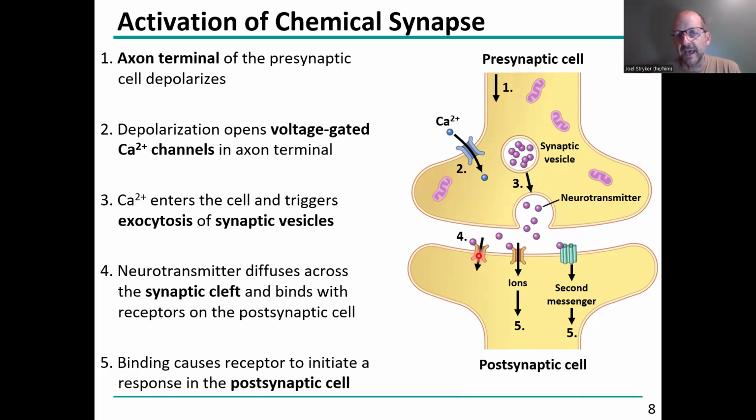One response that can happen is these become ligand-gated ion channels. So not voltage-gated, but ligand-gated, where the neurotransmitter is the ligand, binds to this channel, opens the channel, and ions come flooding in. And so in this case, when the ions come flooding in, it's going to give a graded potential, not an action potential, but a graded potential here.